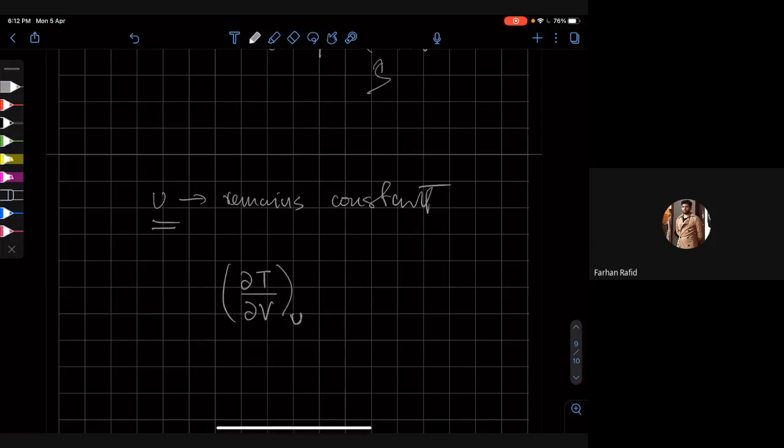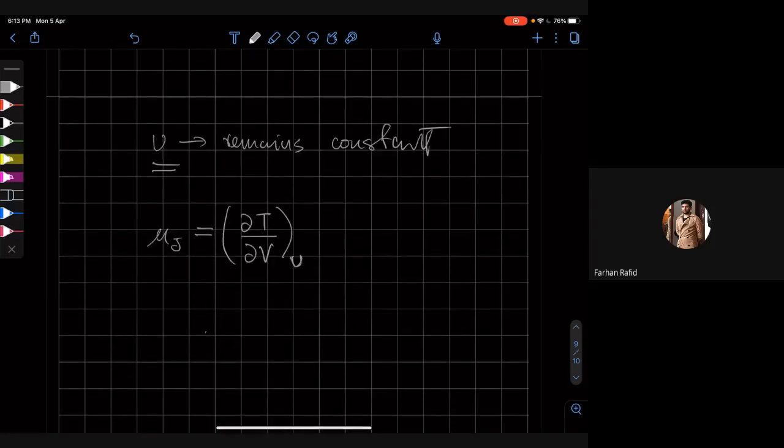Suppose you could compute that. That thing has a particular name. It's called the Joule Coefficient, okay? Now, if I could calculate that, then the change in temperature would just be given by the integral of the Joule coefficient times dV from V to alpha V, right?